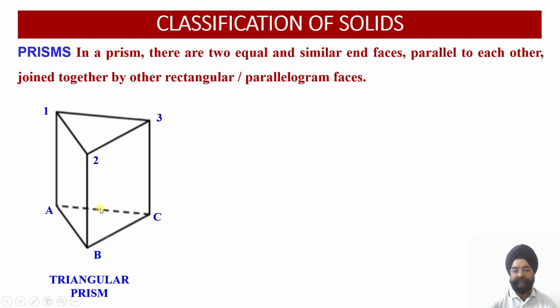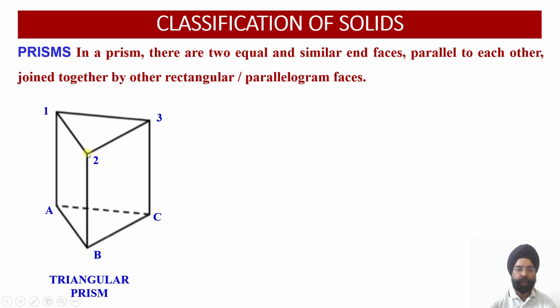So this will be the bisector of AC, this will be the bisector of AB, this will be the bisector of BC. So from A, I am going to join the bisector of BC. From B, I am going to join the bisector of AC. Similarly, from C, I am going to join the bisector of AB. And all these three bisectors will join at a common point.